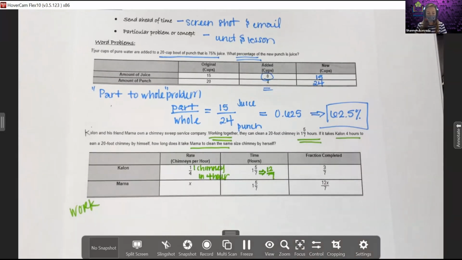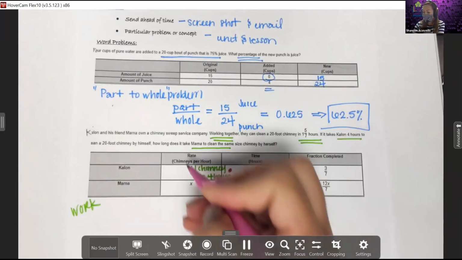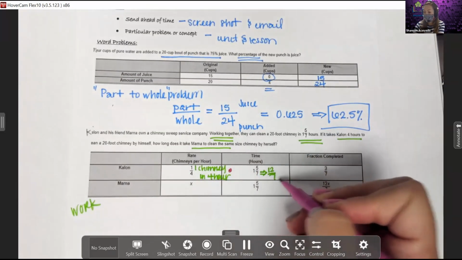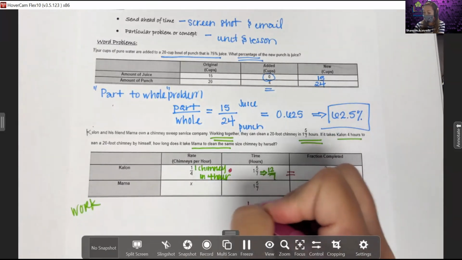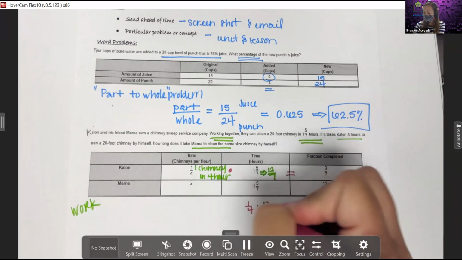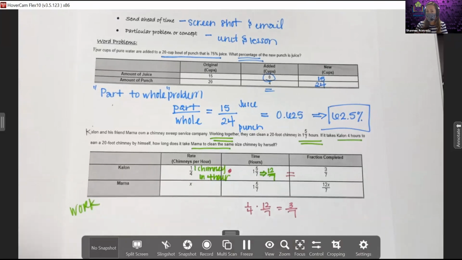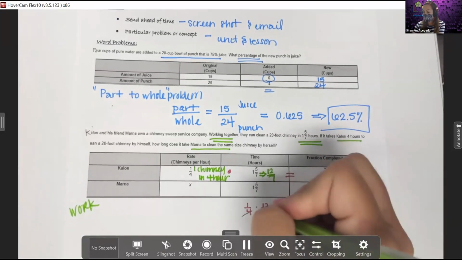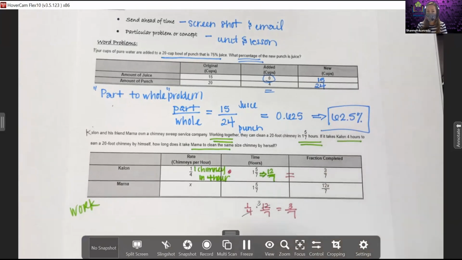To get this value, I multiply 1/4 times my 12/7, and that's going to give me my 3/7. Just a quick little reminder of how we get there: 4 goes into 12 3 times, and so it simplifies to my 3/7.